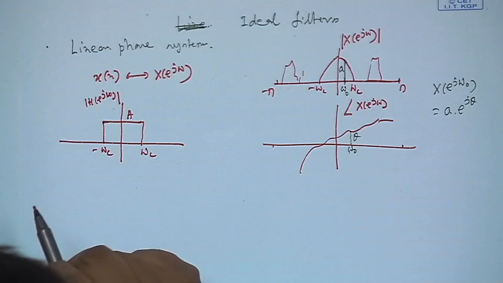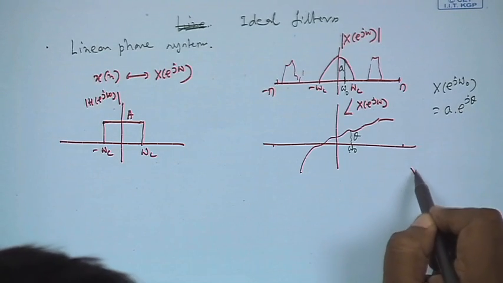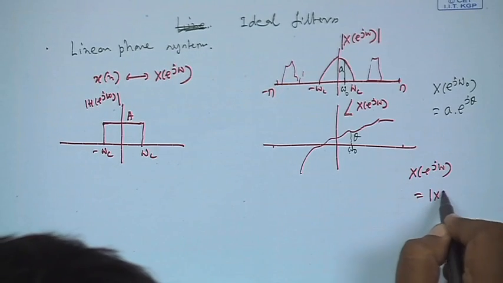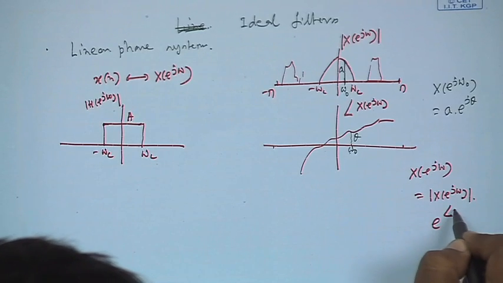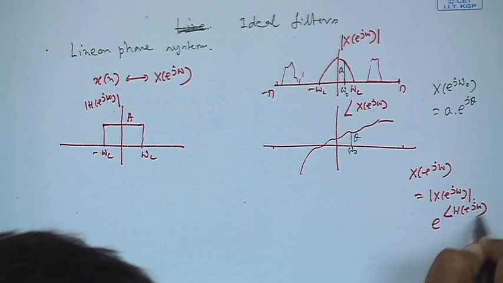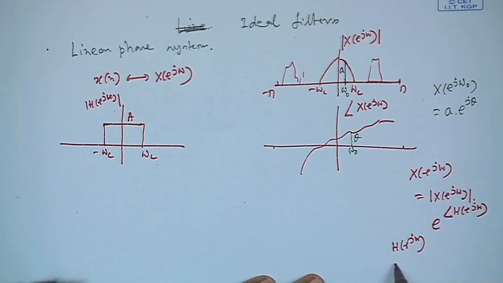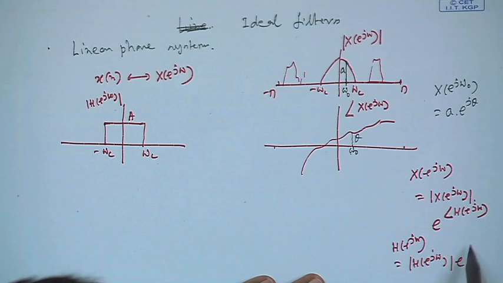But how about the phase? Because x e to the power j omega is magnitude into e to the power angle. Same for h e to the power j omega, magnitude at any point times the corresponding angle.